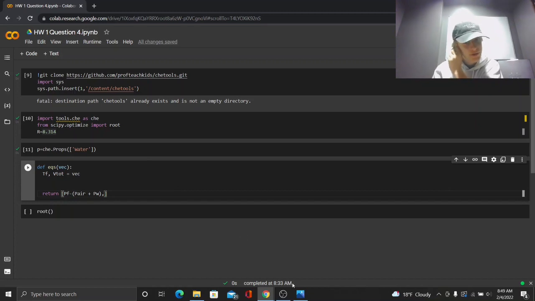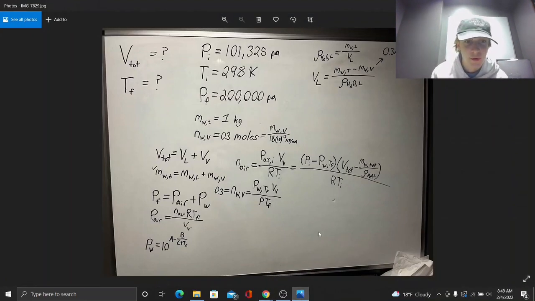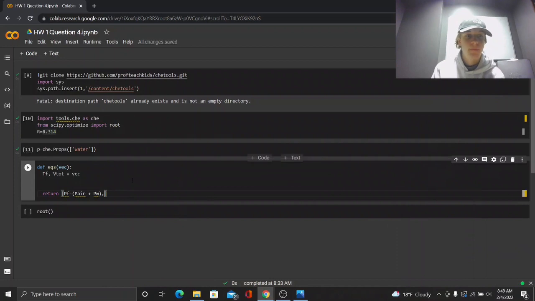And then our second equation is the moles equation, where the moles of water in the vapor phase minus our moles of water in the vapor, well, it's really just minus 0.3, but we can define that as the moles of water vapor desired.